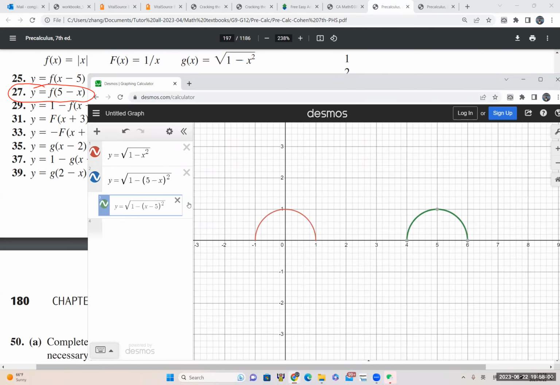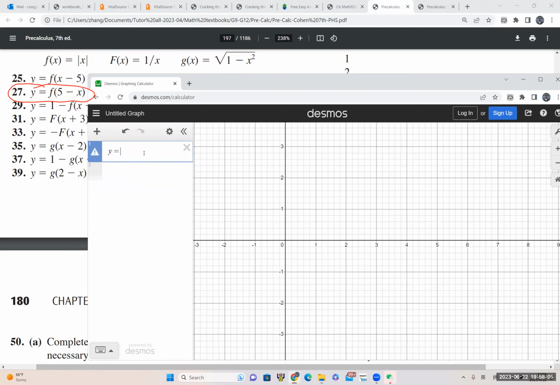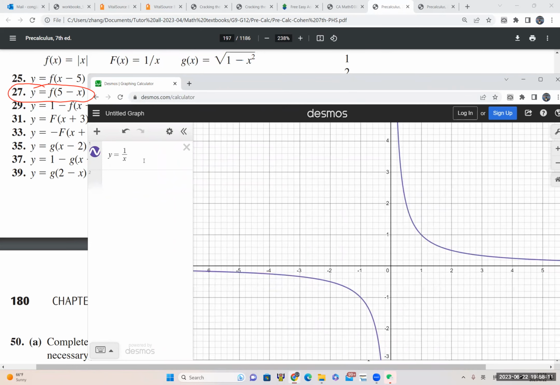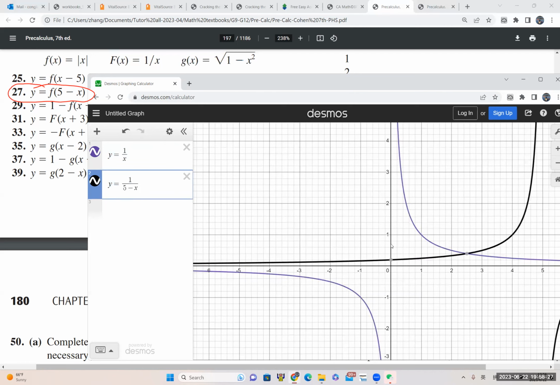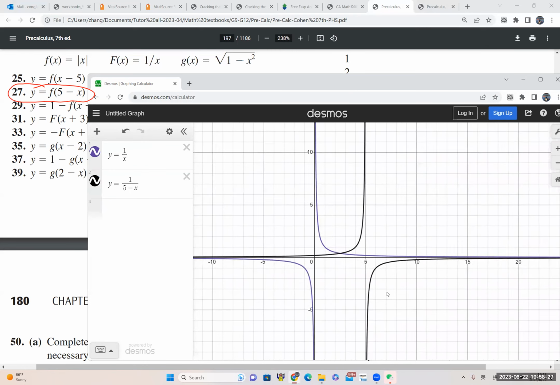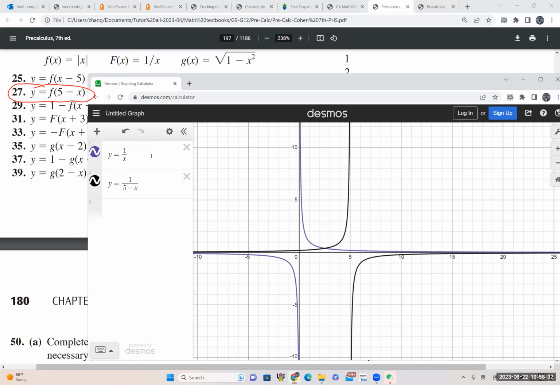This time the parent function is this one, and finally we want to get x replaced by 5 minus x. Now starting from the parent function.